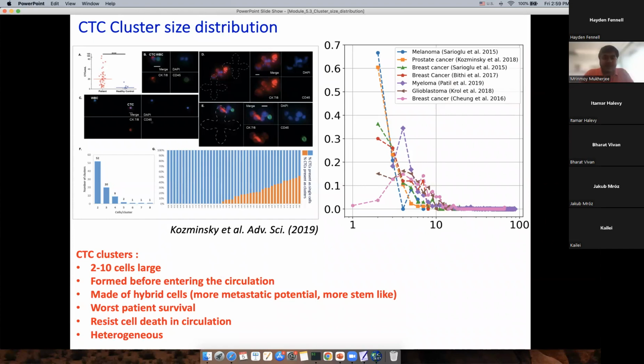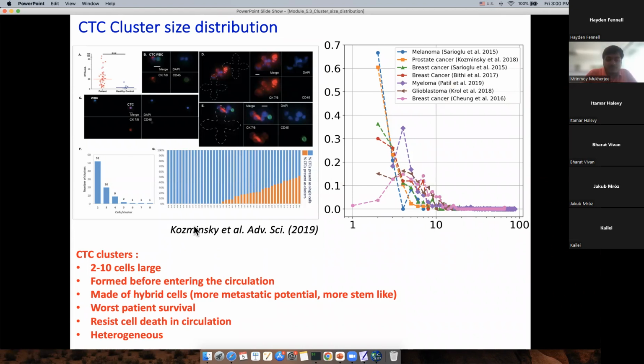So now one can ask, so what? What are the special properties of this hybrid state or the cluster of cells coming from the hybrid cells? After entering the circulatory system or blood, this kind of cluster is called a CTC, circulating tumor cell.